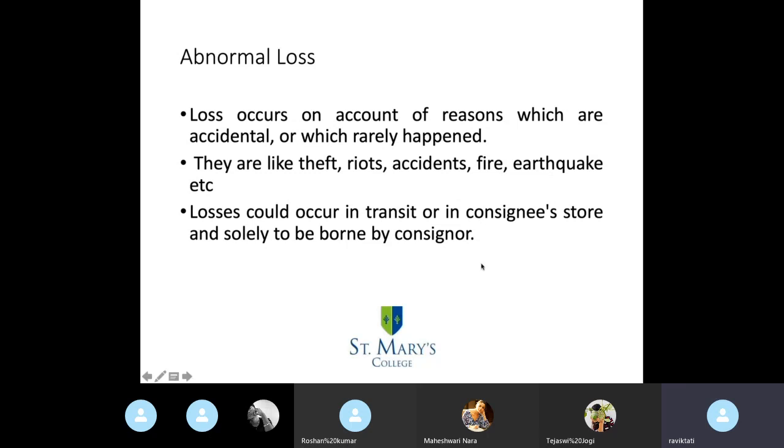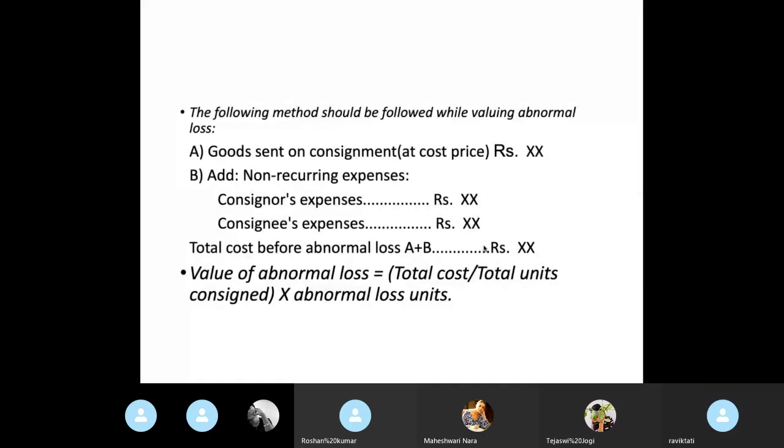It may be stolen from the warehouse, or during transportation the driver is attacked and the truck is taken away and the goods are lost. It may happen during transit, or at the warehouse of the consignee.